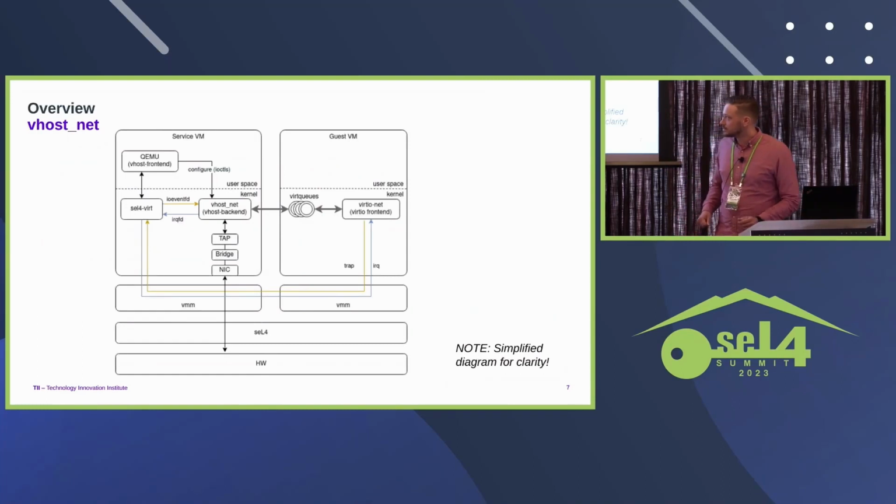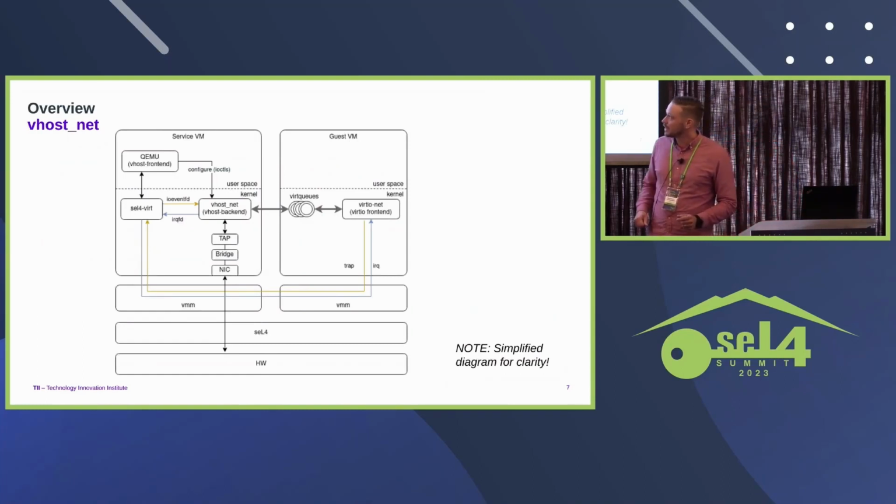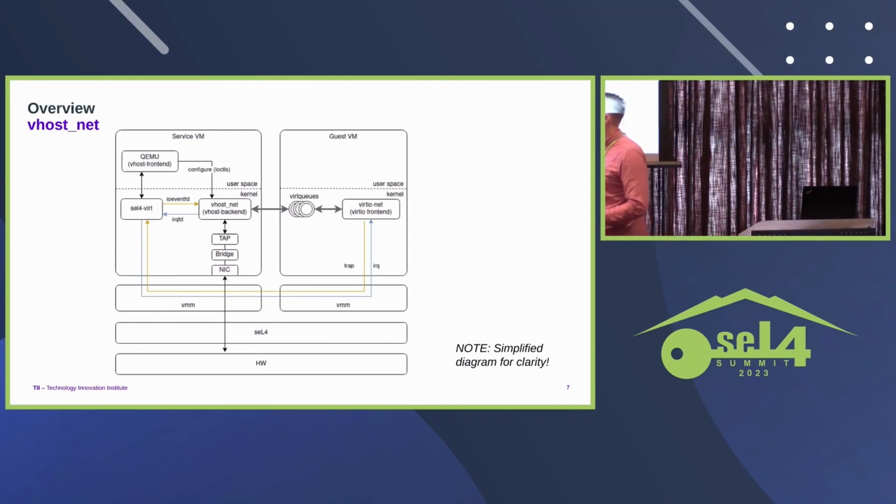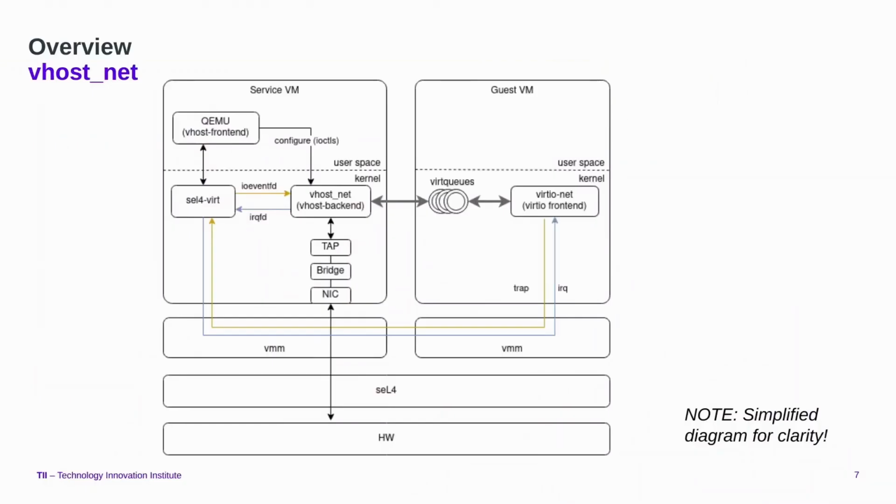And here you can see actually the mechanism. The seL4 Virt driver there, that's actually the thing that provides this ioeventfd and irqfd functionality. And QEMU there is the vhost front end, and that will register these file descriptors there.